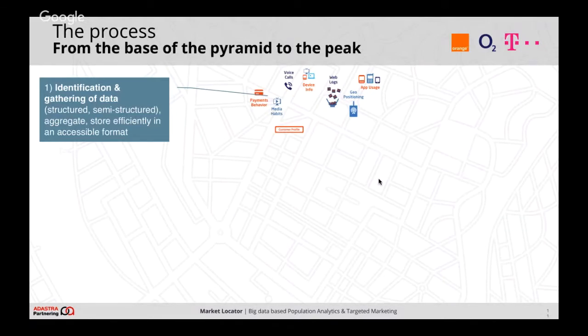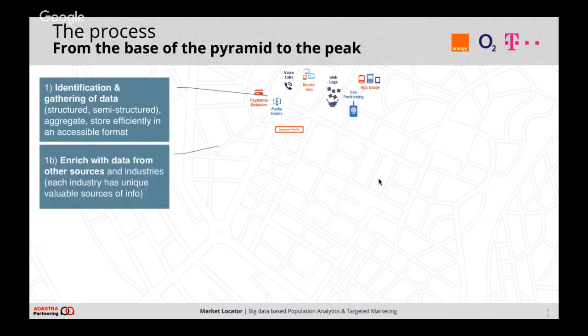Well, first of all, we had to understand what sort of data was available, in which systems was this data available. We needed to put it into one location and enrich the data maybe from other services as well.